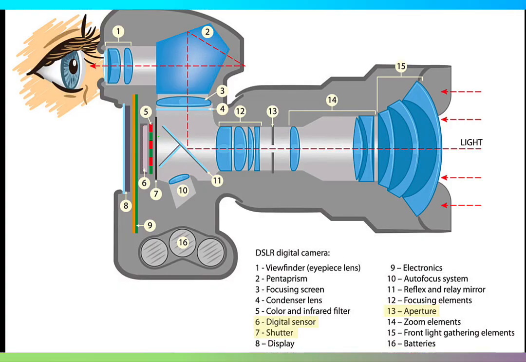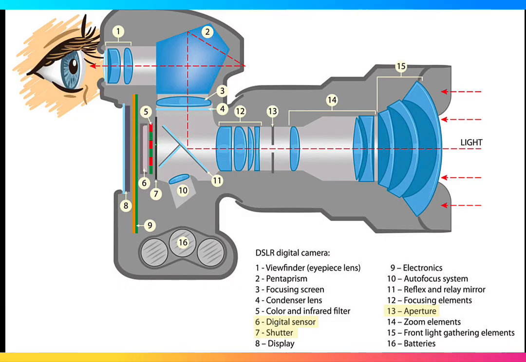So think of your sensor right here as basically the digital replacement for what used to be film. So instead of using chemicals like we used to do to expose and produce images, those digital sensors are now collecting that light electronically.